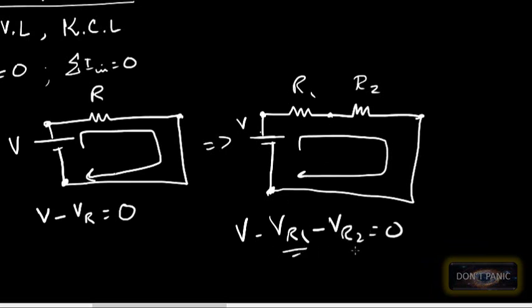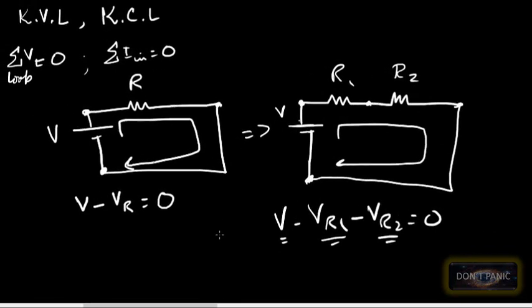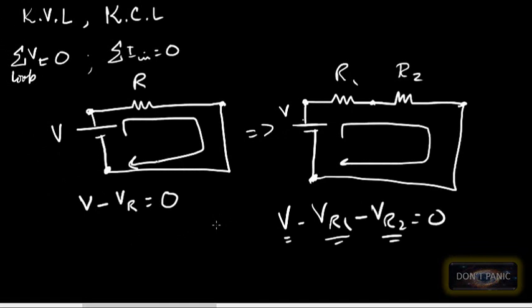So this is saying that the voltage across R1 plus the voltage across R2 has to equal the voltage of the battery. This makes sense because that's what we said earlier for series circuits, that the sum of the voltages across the components has to equal the voltage of the battery. So this is Kirchhoff's voltage law.